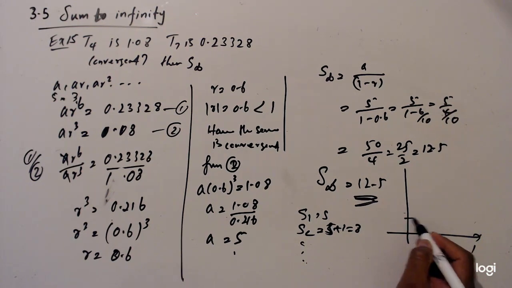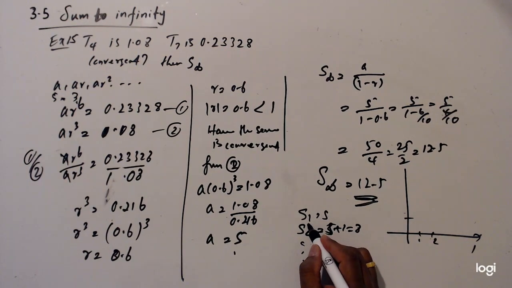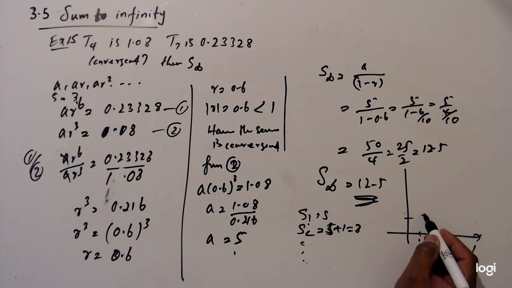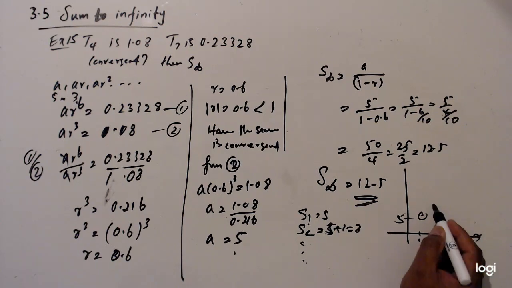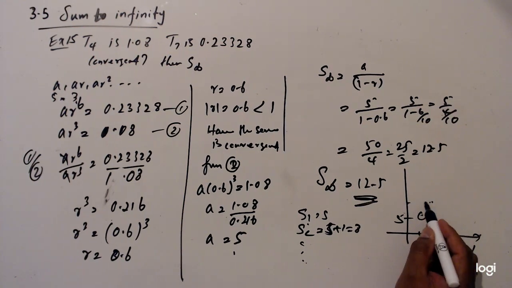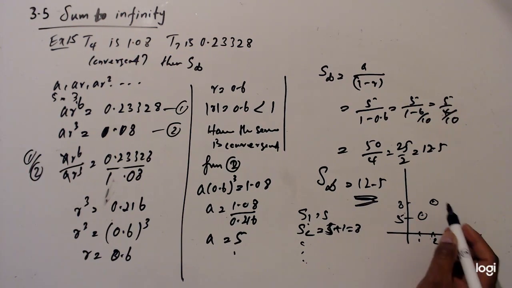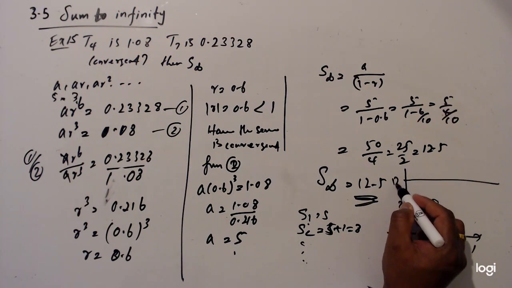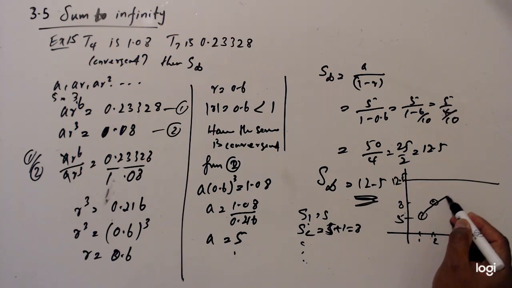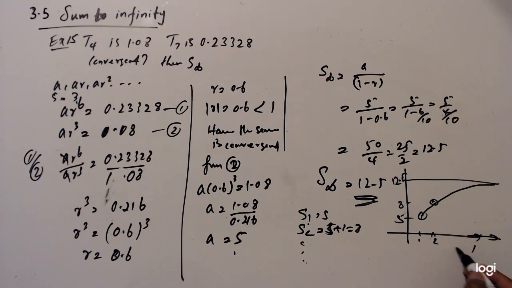When n equals 1, the value is 5, and when n equals 2, that is 8. So likewise, this is 12.5. The graph is limiting to 12.5 when n goes to infinity.